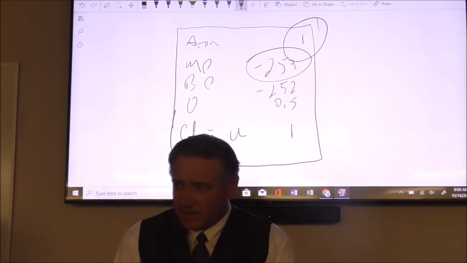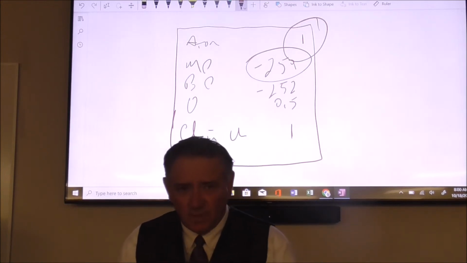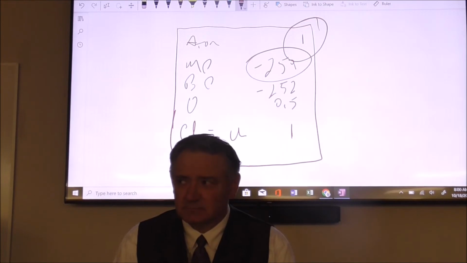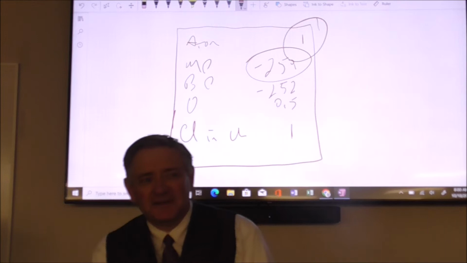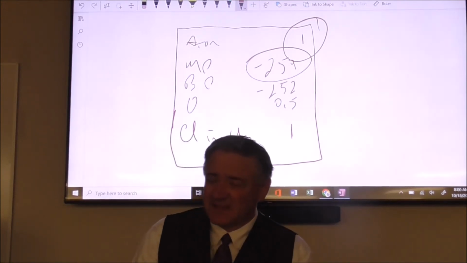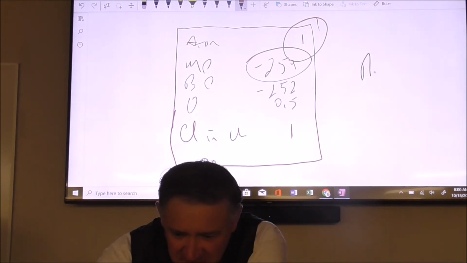Solid, liquid, or gas? Well, think about this. What's the melting point of water in Celsius? 0, right? So let's make sure everybody's cool with what this means.